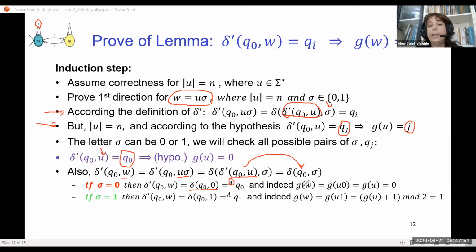And the meaning is that we still have an even number of ones. So let's analyze our function. G of W is actually G of the prefix U with additional letter 0.